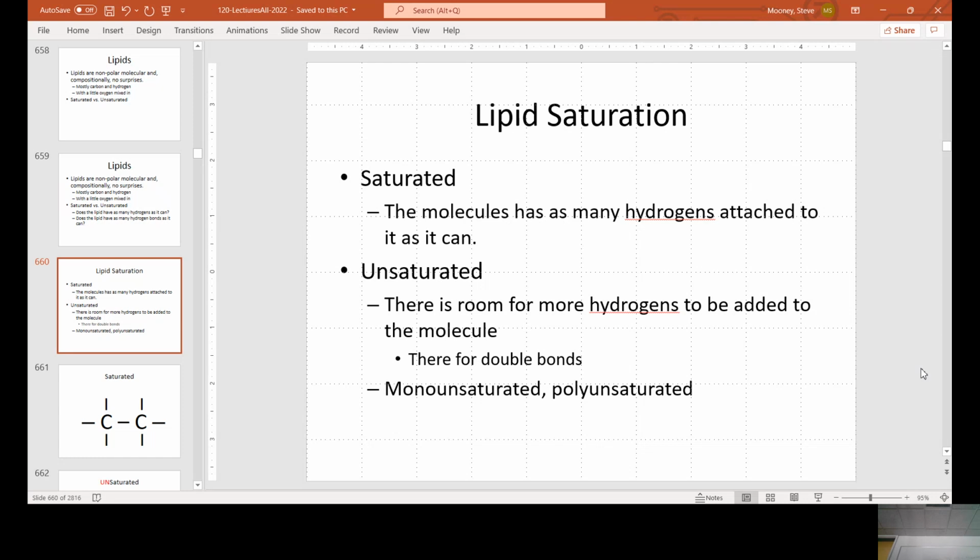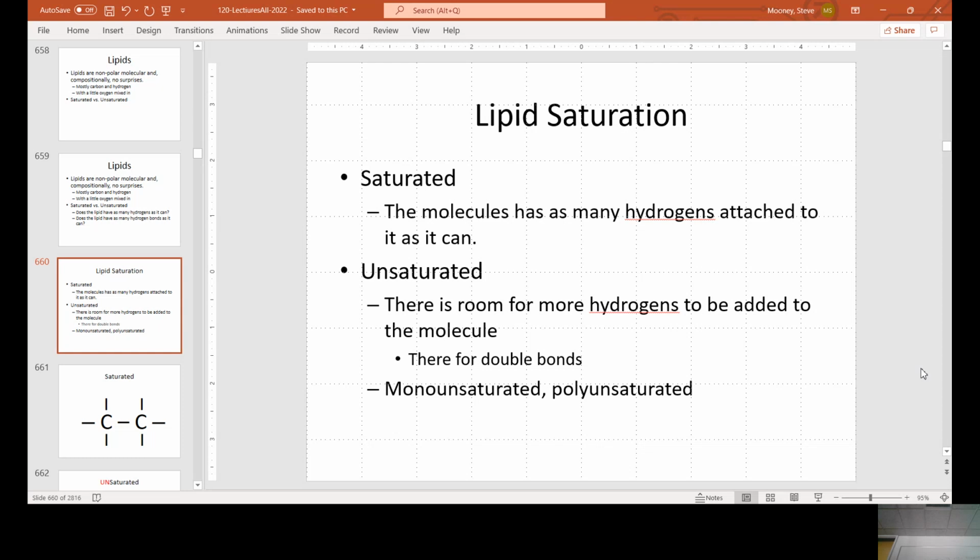If it's unsaturated, we've lost some hydrogens somewhere along the way, and there's room for more. If those hydrogens are taken away, we have available bonds on our carbons. And if they're adjacent carbons, we'll form a double bond. So instead of just one connection between the carbons, we have two.